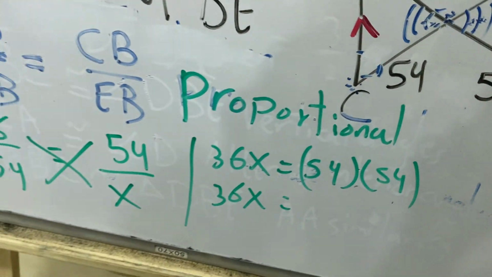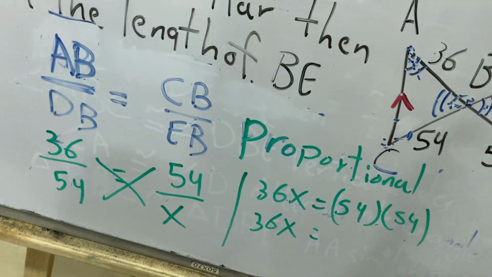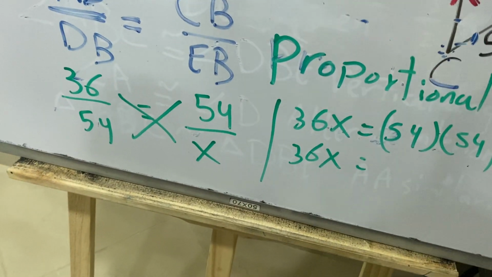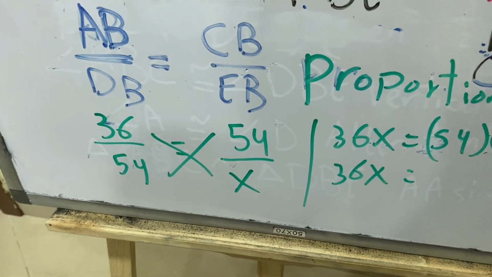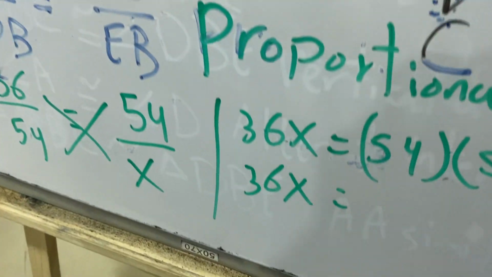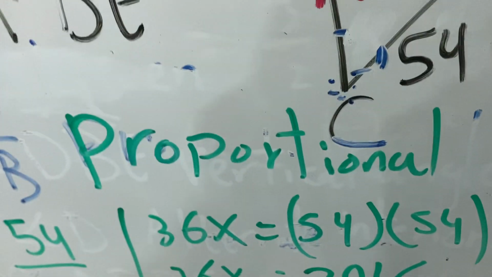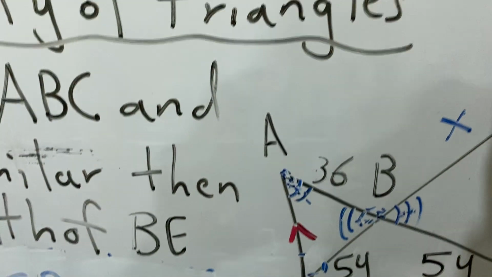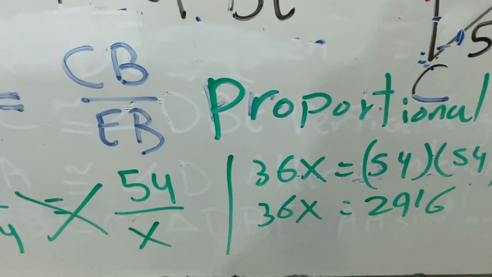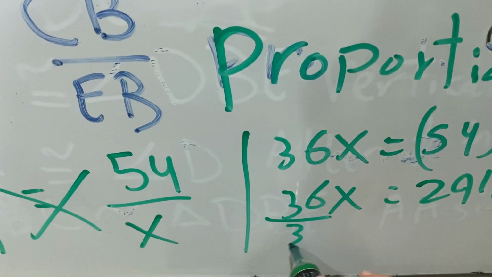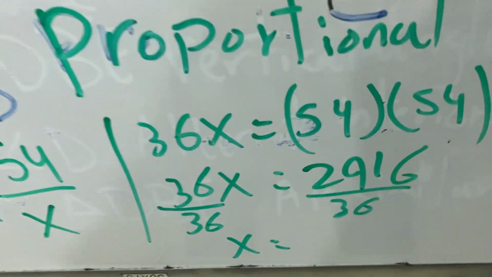If I use the calculator, 54 times 54 will give me 2,916. Then I need to isolate x, so I have to divide both sides by 36. So x equal, now you will divide them by each other.